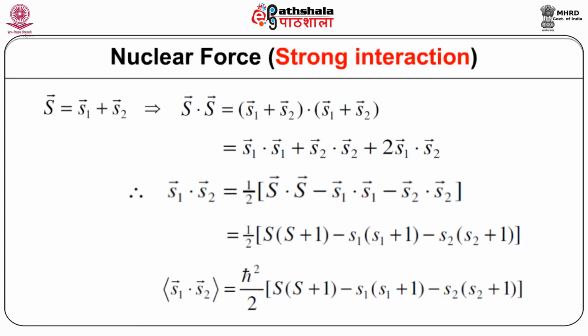Here some calculations have been shown: S is equal to S1 plus S2, which implies S dot S is equal to (S1 plus S2) dot (S1 plus S2), which on simplification yields the expectation value of S1 dot S2 equal to h bar squared over 2 times [S(S+1) minus s1(s1+1) minus s2(s2+1)].